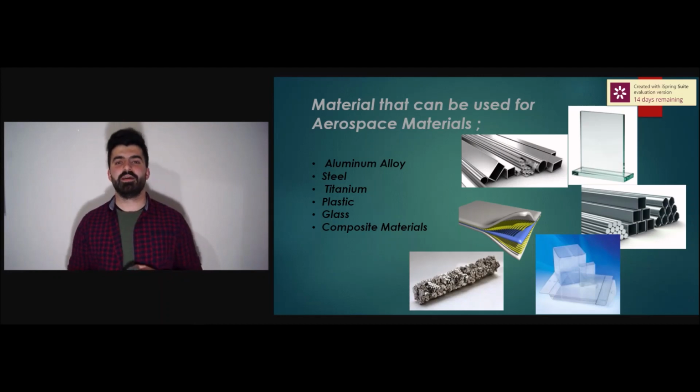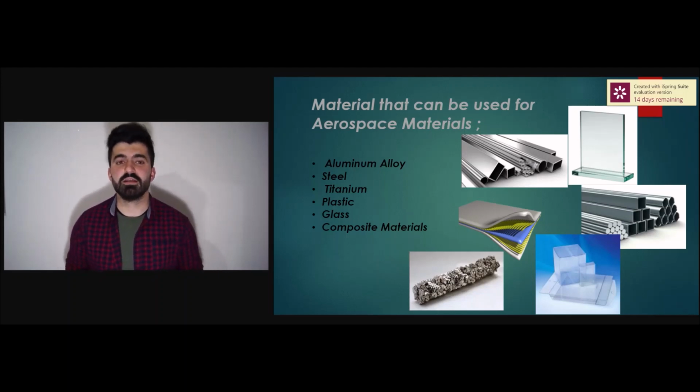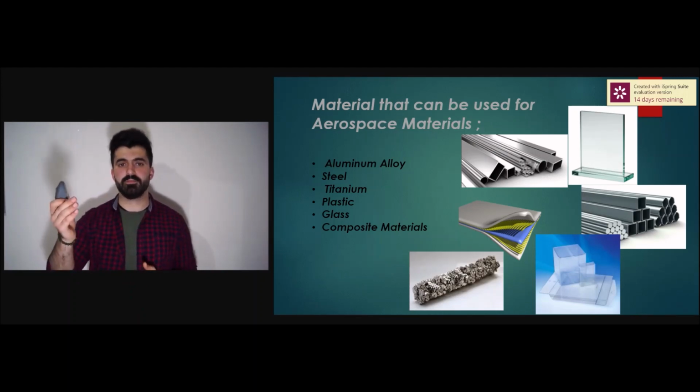And the fifth material that can be used for aircraft, space shuttles, and also rockets is glass. The majority of modern aircraft have a cabin pressurized for flight at high altitude.